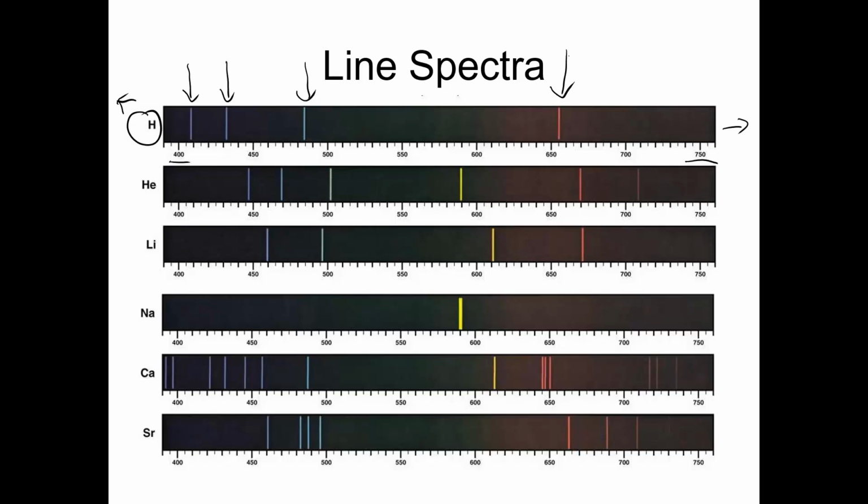So in fact, it turns out that they all come down to the second quantum level, right? So the one that's highest in energy is from 6 to 2, and this is from 5 to 2, this is from 4 to 2, and this is from 3 to 2.